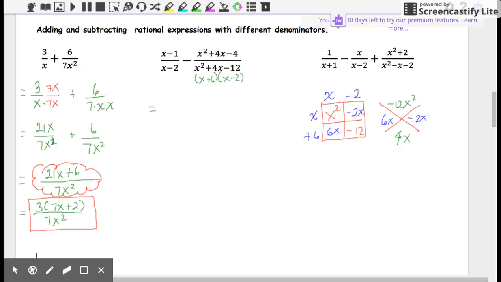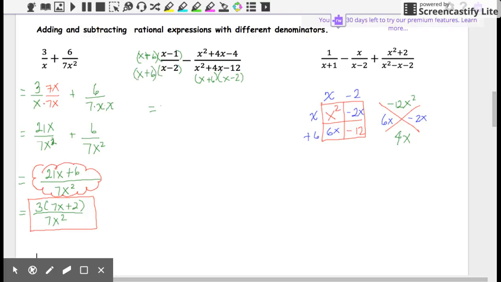Now we notice that the two denominators have a common factor, x minus 2. To make them the same, we just need to multiply the first fraction by x plus 6 over x plus 6. I'll put x plus 6 here, times x plus 6.